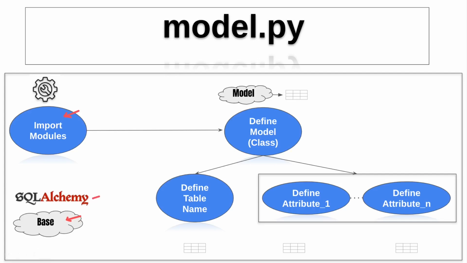We also import SQLAlchemy to define table columns and data types of the columns. Then we define the model class. Then we define the table name. Then we define the attributes, the names of the attributes and their types.